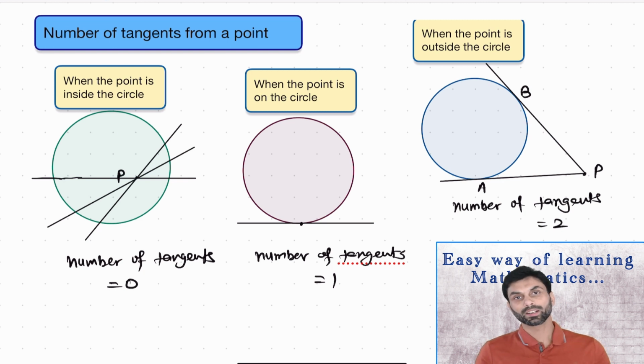So we can see that from a point, we can draw at most two tangents to a circle. The possible number of tangents is either 0, 1, or 2, based on whether the point lies interior to the circle, on the circle, or exterior to the circle respectively.